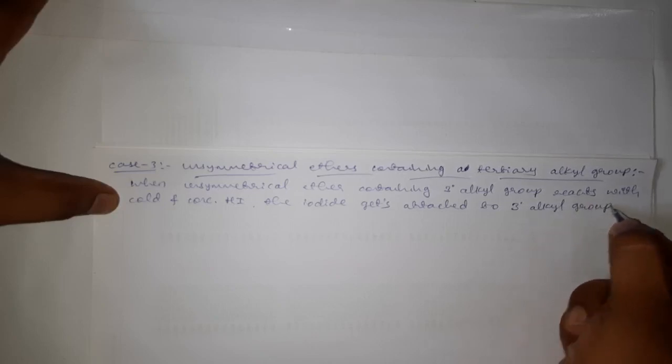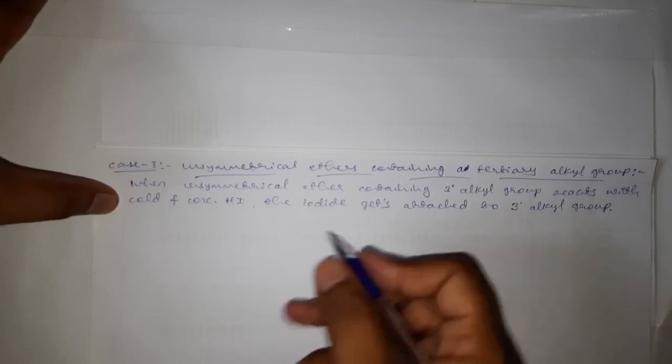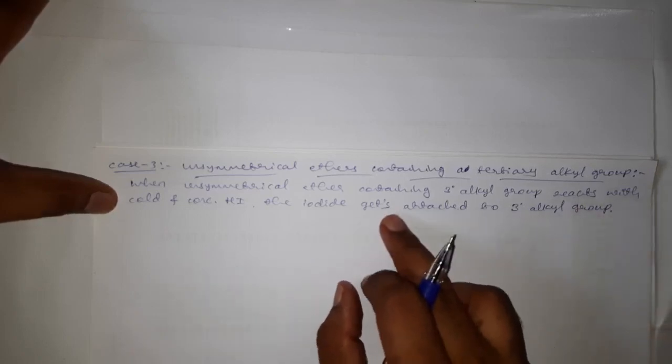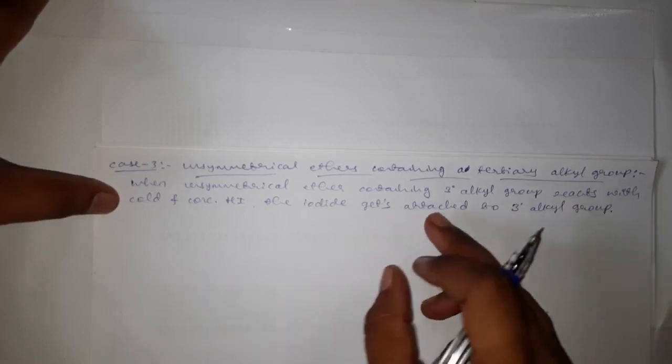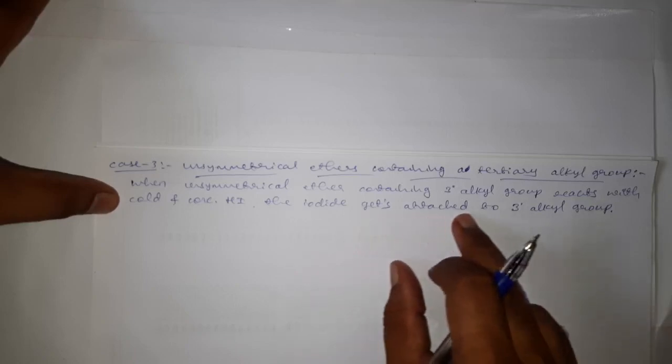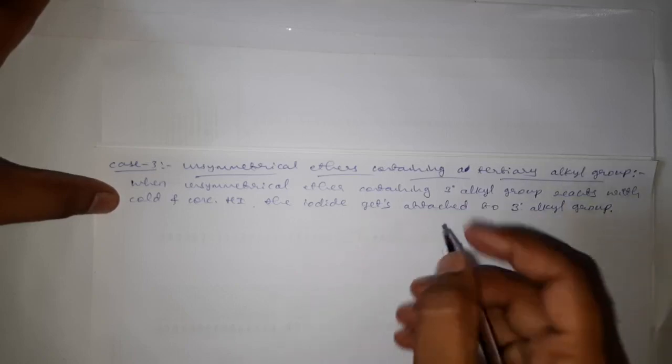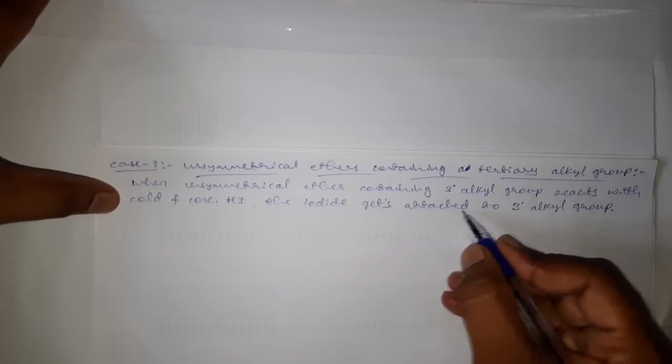Here also we will get one alkyl iodide and alcohol, but the iodide gets attached to a tertiary alkyl group. Here the iodide is attaching to a larger group.